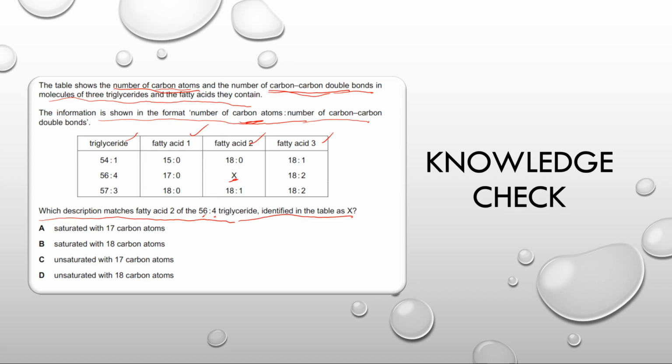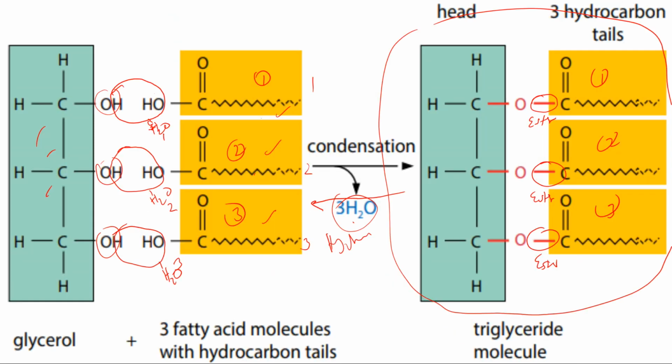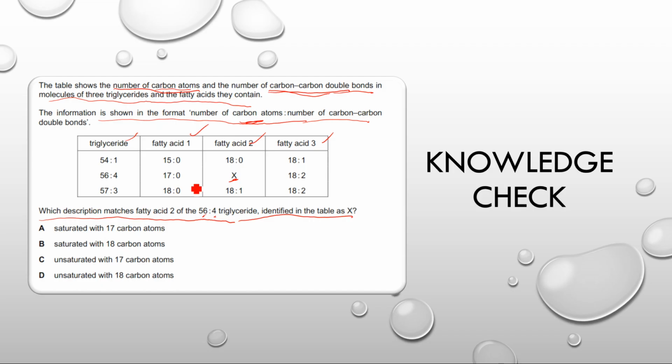Remember in triglyceride, the total number of carbon atoms counts all the carbon atoms in each of the three fatty acids, and then you count the 3 carbons of glycerol as well. So to get 56, it will be 17 plus 18. Let me tell you what 7 plus 8 is: 15.